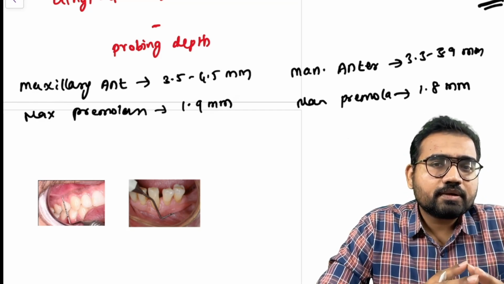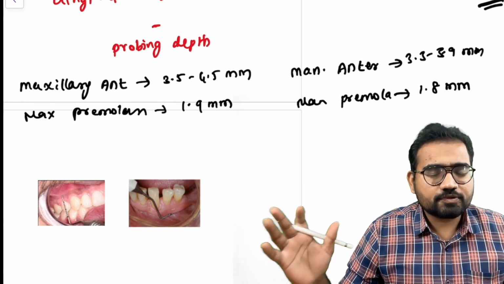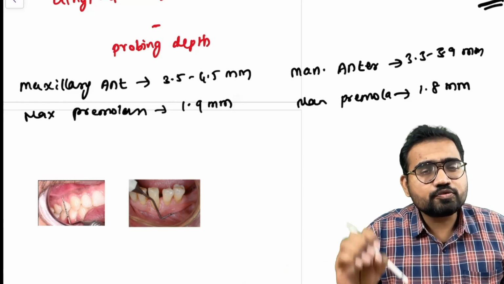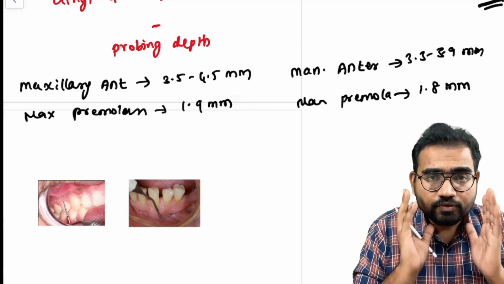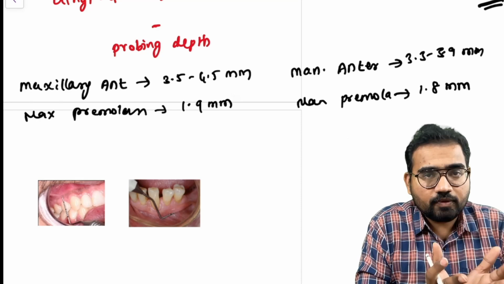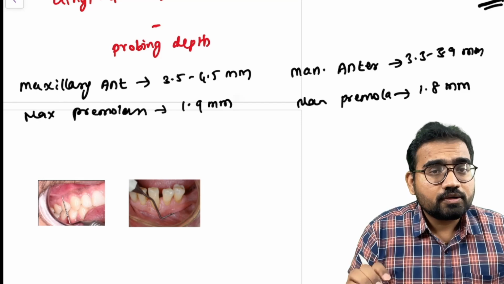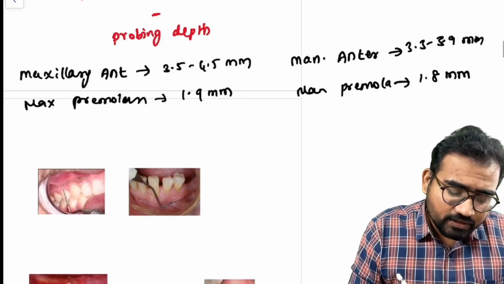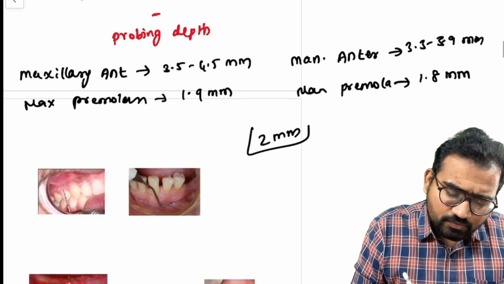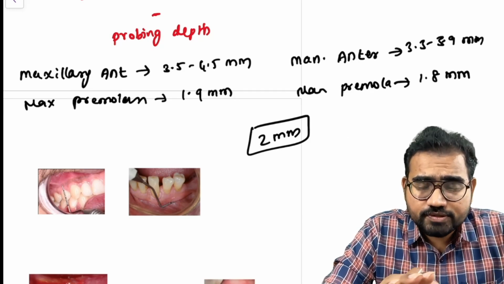In that way, a lot of authors have proposed numerous concepts or schools of thought on what should be the normal width of attached gingiva. These values are for you to come to an idea of what will be the normal width of attached gingiva. But most of the authors suggested that 2 mm of attached gingiva is more than sufficient to maintain gingival health. Just know this also.